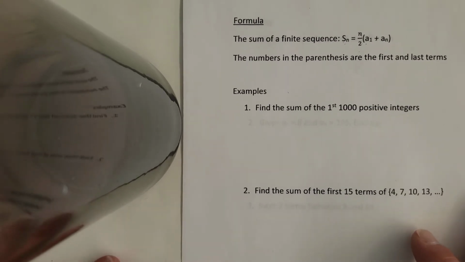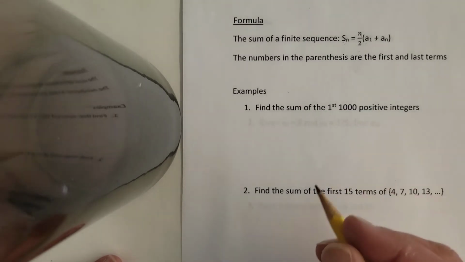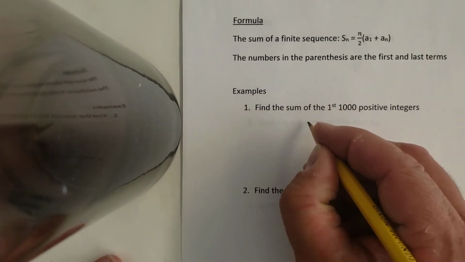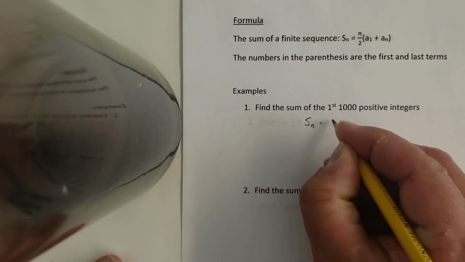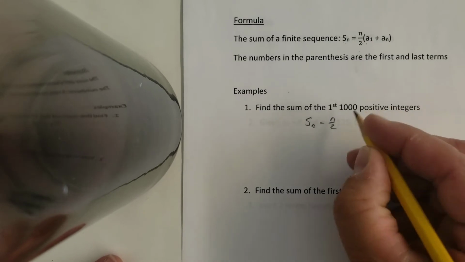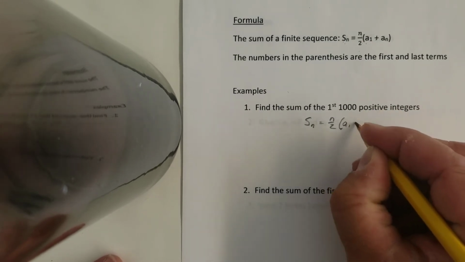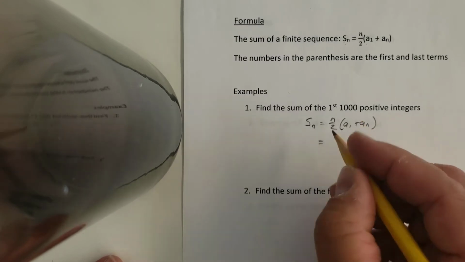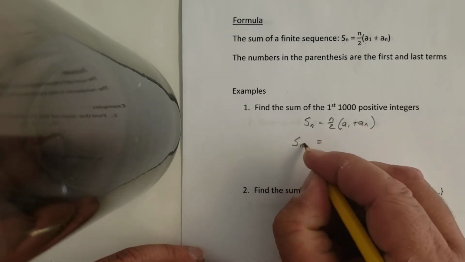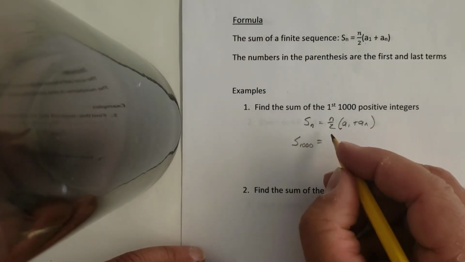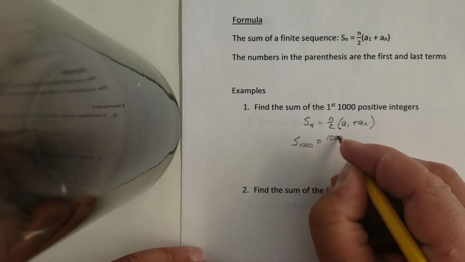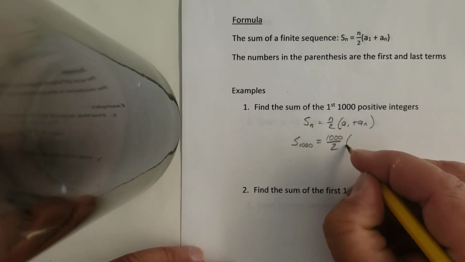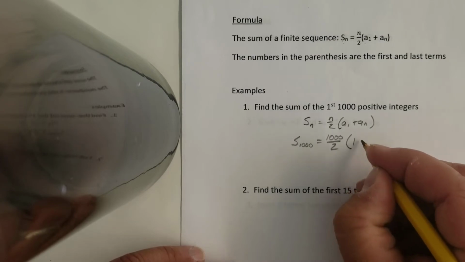Find the sum of the first 1,000 positive terms. What I like to do is write the formula: n over 2, a sub 1 plus a sub n. And you get 1,000 terms. So the sum of 1,000 is 1,000 over 2. The first positive integer is 1.